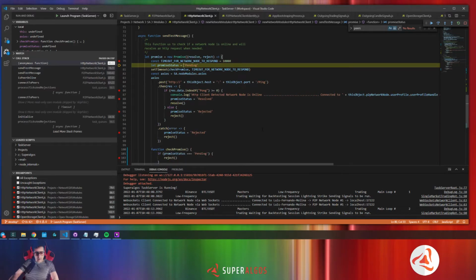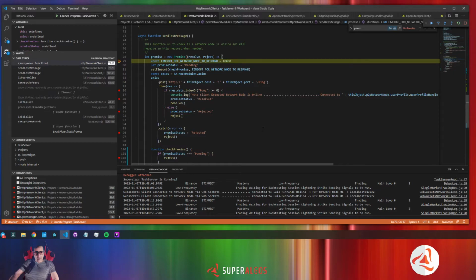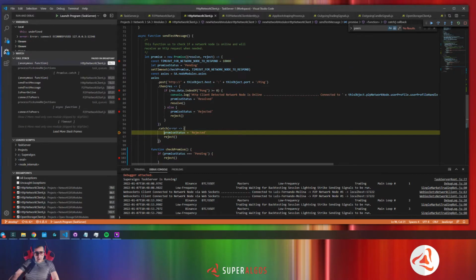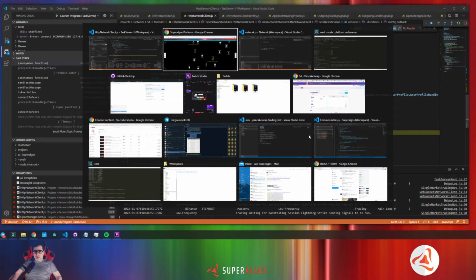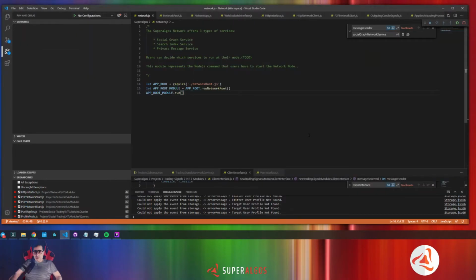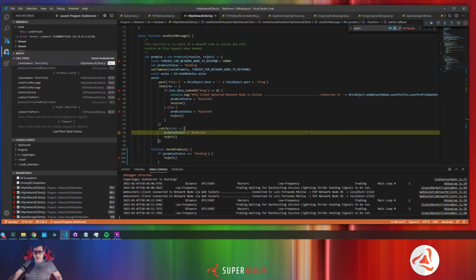Okay, there was no breakpoint there. Is the node running? This is really very strange.